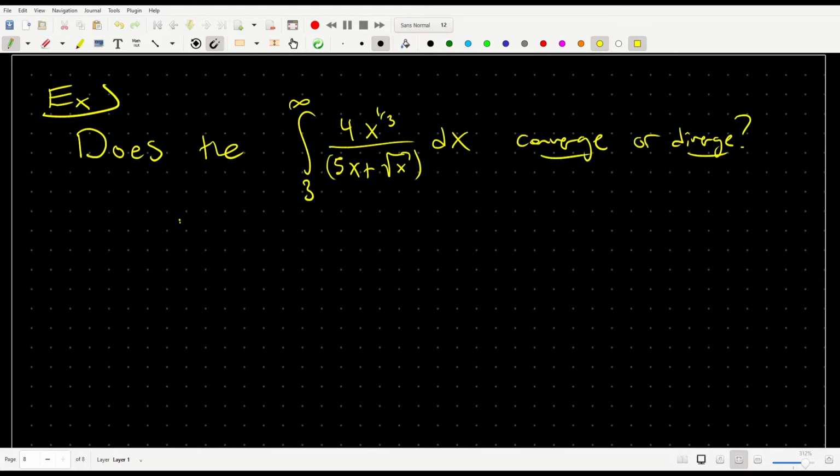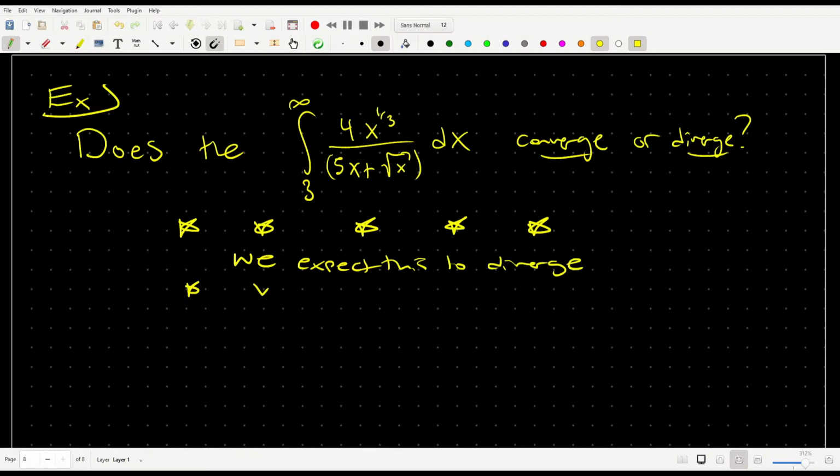And remember that previous step that we did before, the starred step in the previous part, where we actually found that we expect this to diverge, in the previous example when we did this using the direct comparison theorem.